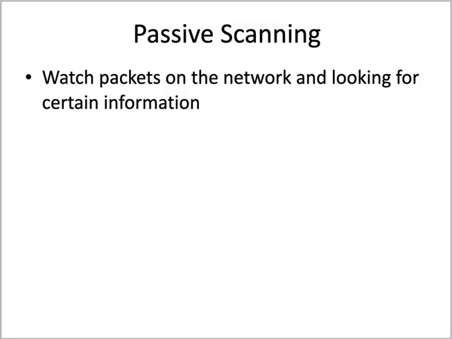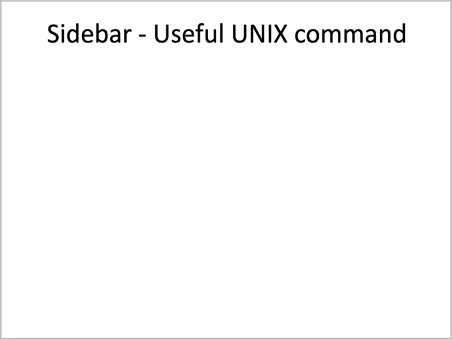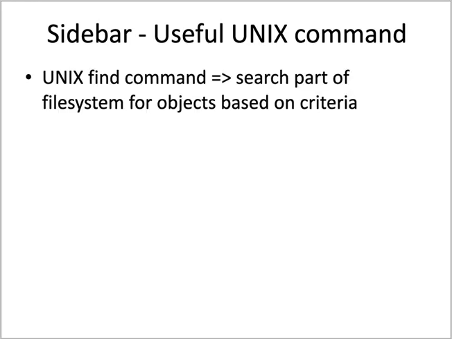Now, this led me to do a little sidebar or go off on a tangent, which is the Unix find command. It searches the file systems for file system objects based on certain criteria. I knew I'd written a Perl program that I wanted to get some information from and possibly rewrite in Python, and I could not find it easily.